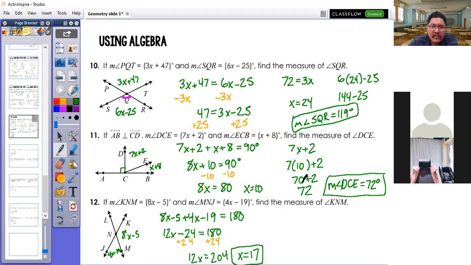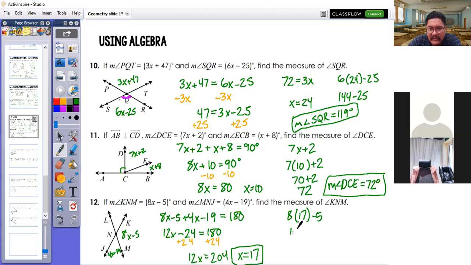All right, now that we know that x is 17, we're going to have to plug it back in here because remember, we're looking for KNM, which is this piece right here. So 8x minus 5, but again, replace that with 17 minus 5. So 8 times 17. What is 8 times 17? Okay, best to just use the calculator in this case. And that'd be 136.